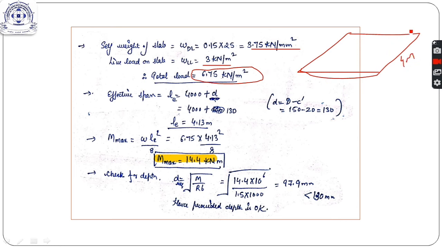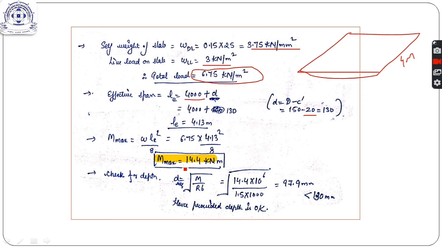So we will design along that, and we will provide the reinforcement in the other direction as distribution reinforcement. So we are taking span here to be 4 meter, not 10 meter, because we consider the shorter span. So the effective span is the span of your wall plus the effective depth. Effective depth is 150 minus 20, as I have taken 20 as the effective cover.